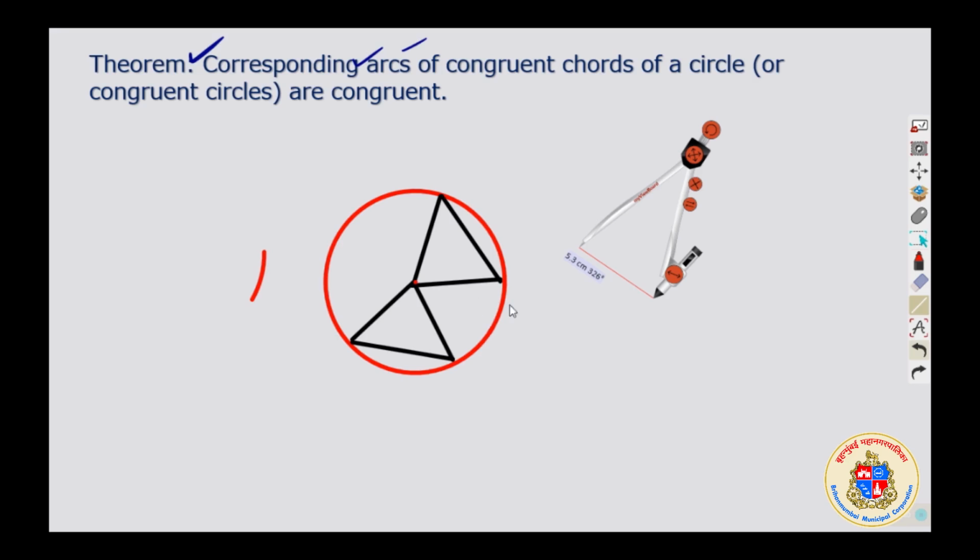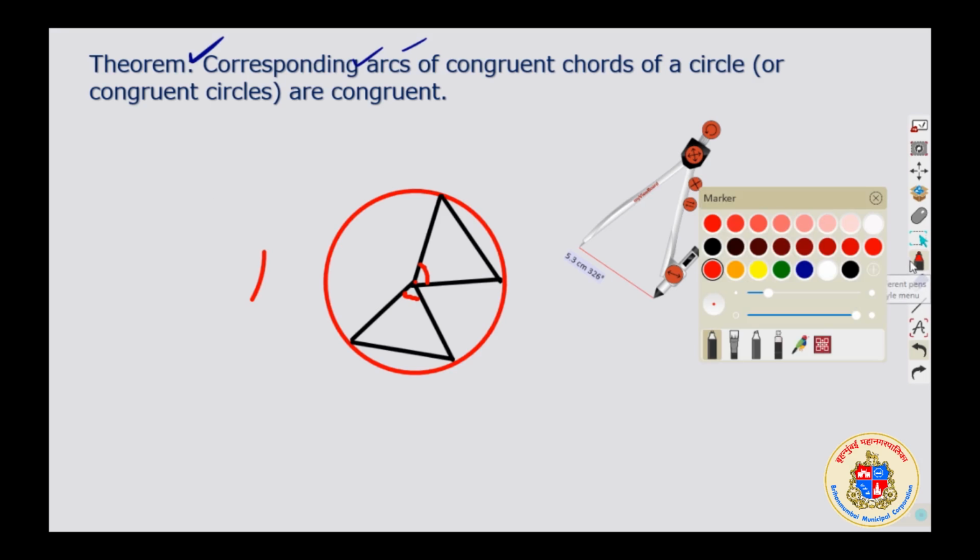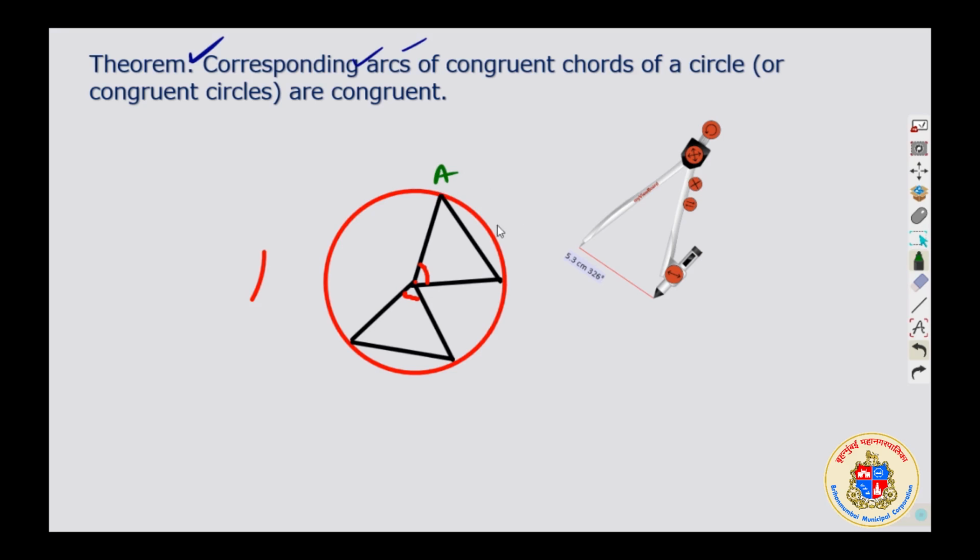Now in this situation, the theorem says that this angle will be congruent to this angle. Measure करके तो हमको मिलेगा. Geometrically prove करने के लिए I am going to name this triangle simply and quickly. Let me name the triangle as AB and the center C, and this as D and this as E.